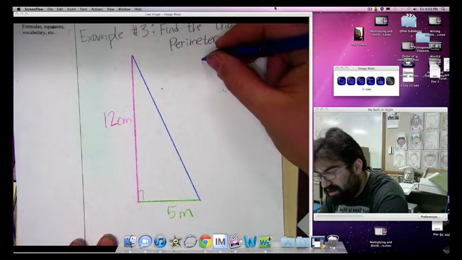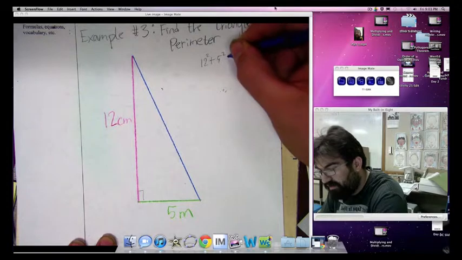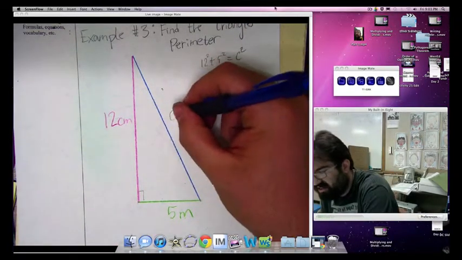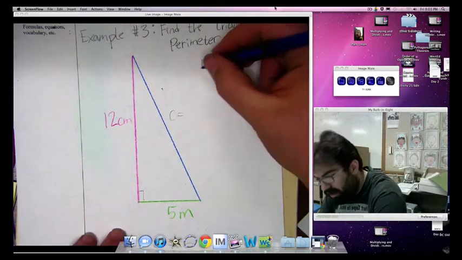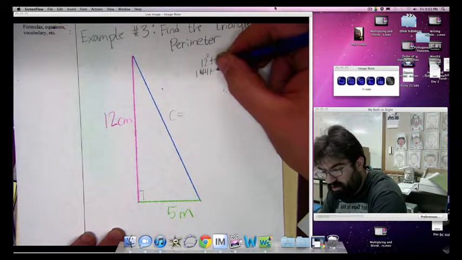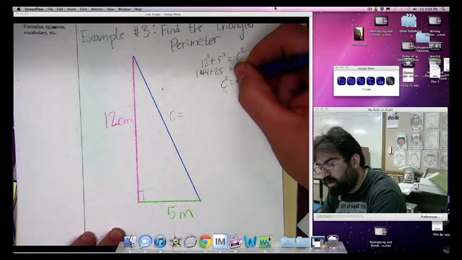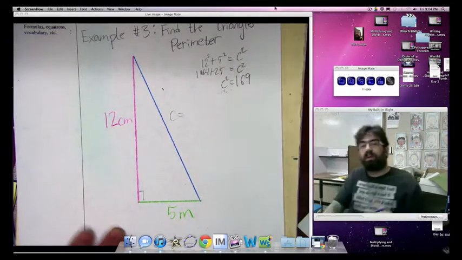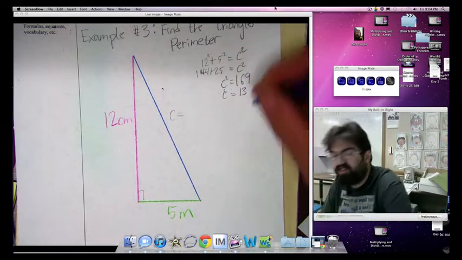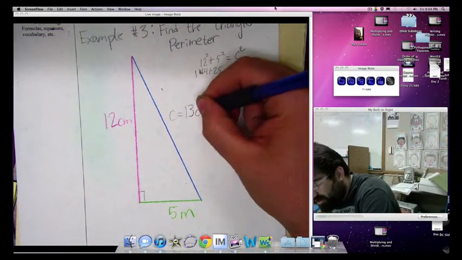We take the sum of the squares of the legs, so we square each leg, and this should be equal to the hypotenuse squared, so we'll call this side C for now. 12 squared is 144, plus 5 squared, which is 25. Means C squared is equal to 169. We take the square root of both sides, so C is equal to 13 centimeters.